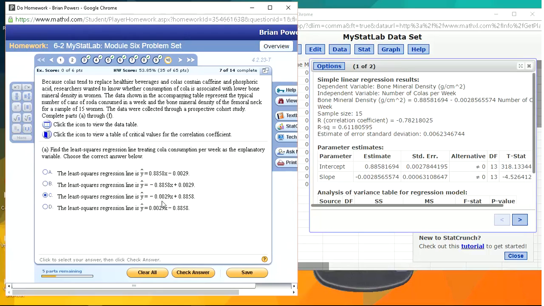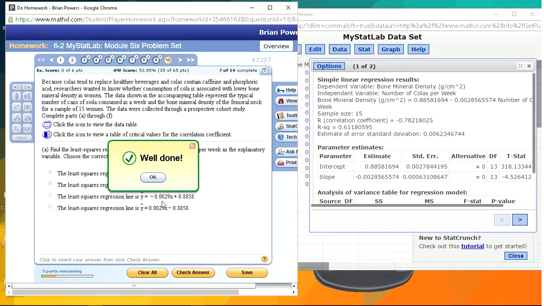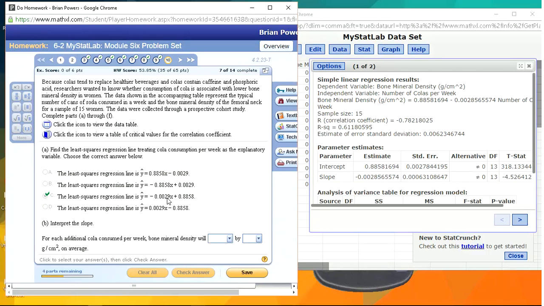That's the one that matches. Interpret the slope. For one additional can of soda, bone mineral density will decrease, because it's a negative slope, by 0.0029 on average.